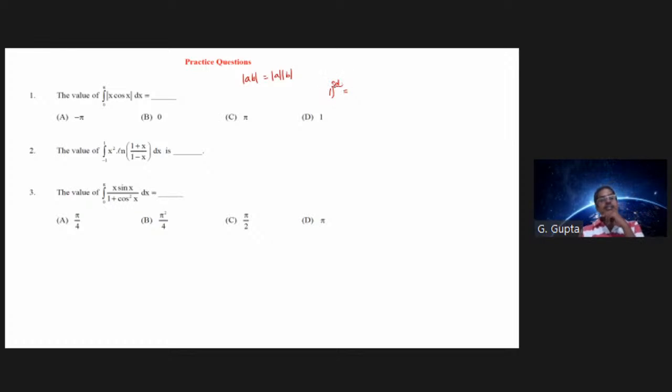x into cos x. Modulus of the product of functions can be written as the product of their modulus. So that is integral 0 to pi mod x multiplied with mod cos x.